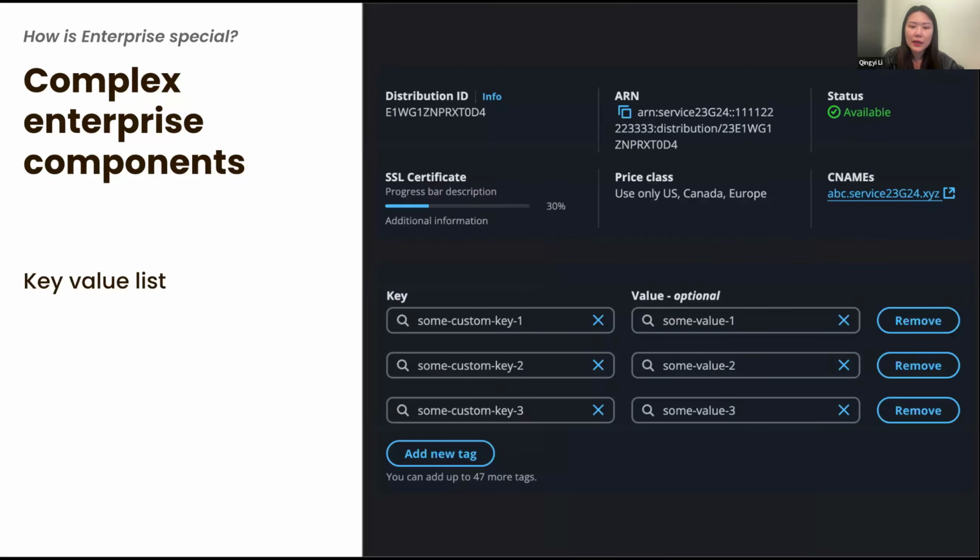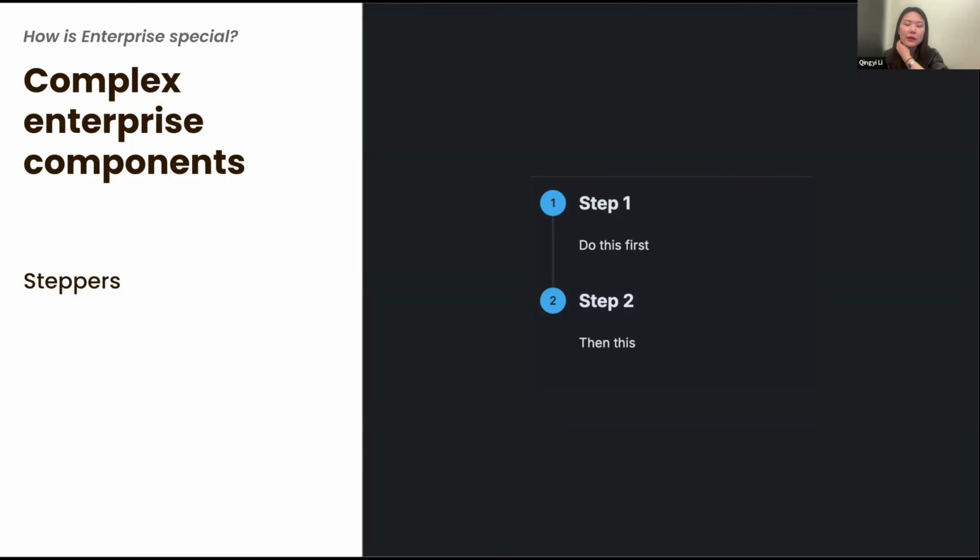And then we can also see there are a lot of steps in enterprise tasks, so there will be things like steppers or a checklist, and each of the items could have a lot of input or form below it.